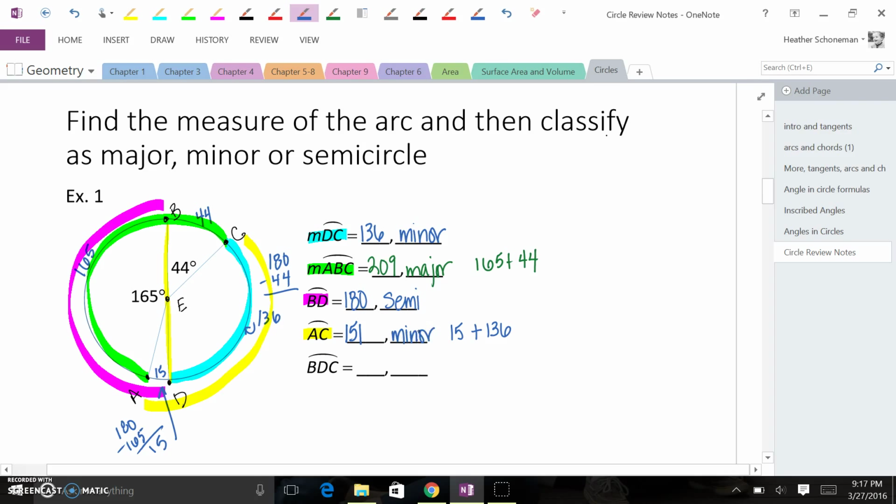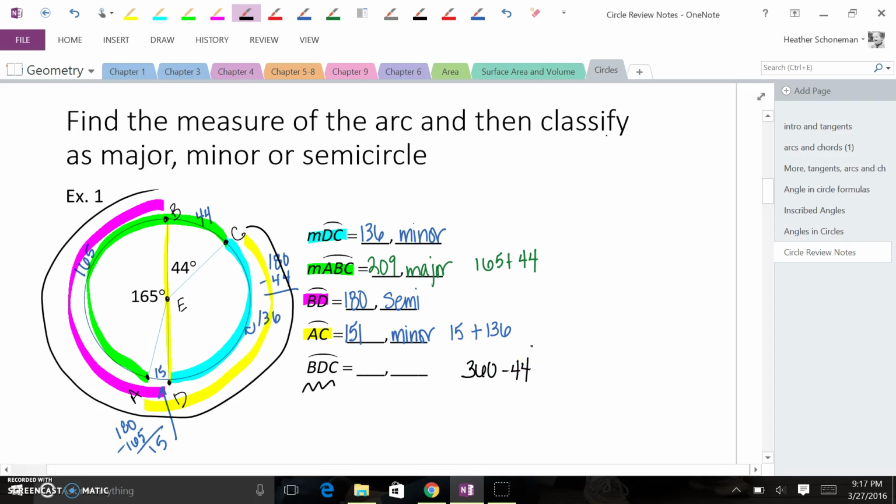Alright, last but not least, BDC. That means you're going to start at B, go through D, and end at C. So I could add up the three different arcs it's made up of, or I can do 360 minus 44, and 360 minus 44 is 316, so I get 316, which is a major arc.